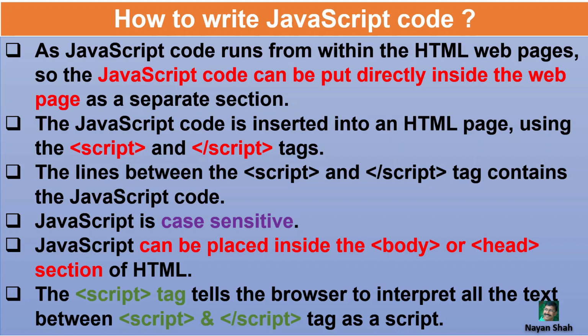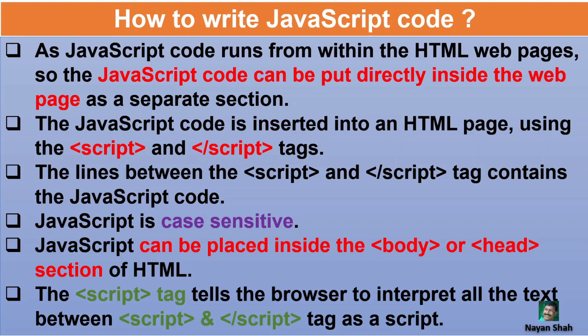We write only JavaScript. Now one more thing about JavaScript which you need to remember is, it is a case sensitive language. When you say case sensitive, it means it has a difference between capital letters and small letters, whereas HTML is not case sensitive. For example, the script tag is an HTML tag.